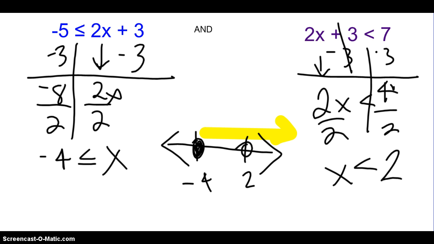The x is smaller than 2 goes this way. And it has to be both of them. So do you see where the squiggle part happens? Yep, I squiggle right in here because it's got to be both. Do you see how it makes the pink and the yellow make orange? That's where both of them happened. So negative 4 is less than x and x is less than 2.